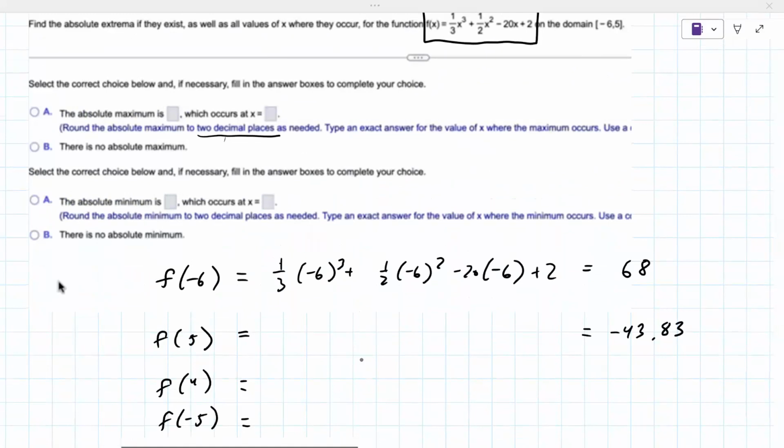So 4 becomes -48.67, and then -5 is 72.83. All right, so there is a max and there is a min.